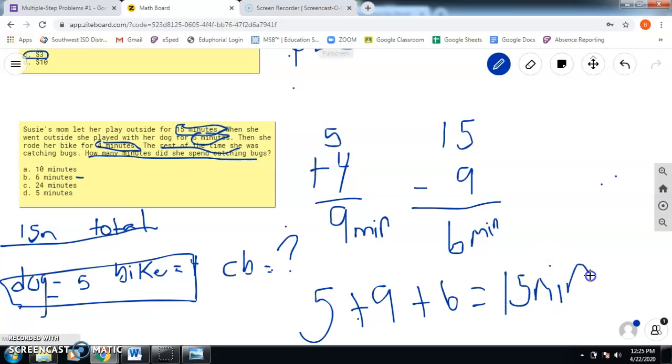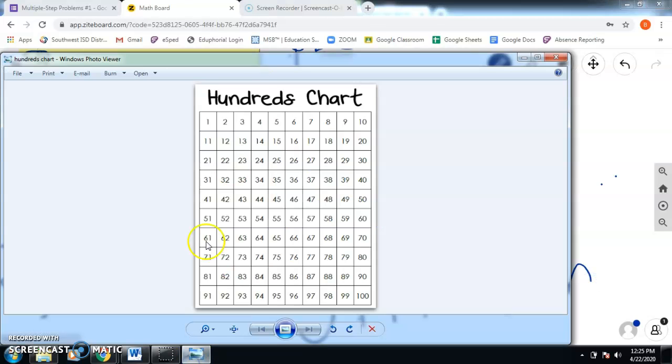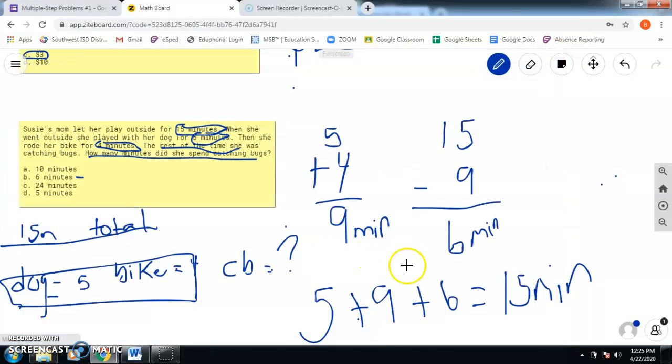Okay, so let's see. So 5 plus 9 plus 6. So starting at 5, let's add 9. 1, 2, 3, 4, 5. Not 5 plus 9. Sorry. 4. This number should be 4 because we know that 5 and 4 combined was 9. See, even teachers sometimes make mistakes. So 5 plus 4 plus 6, okay?